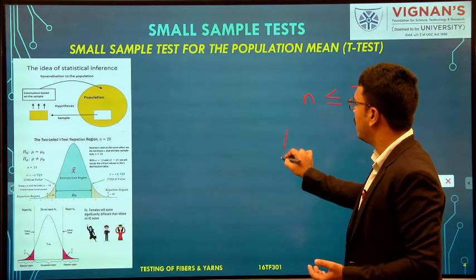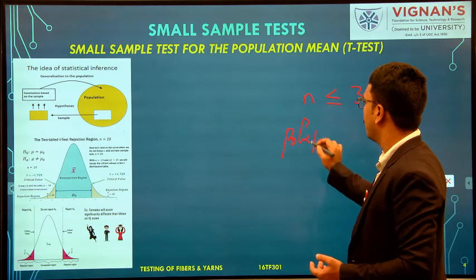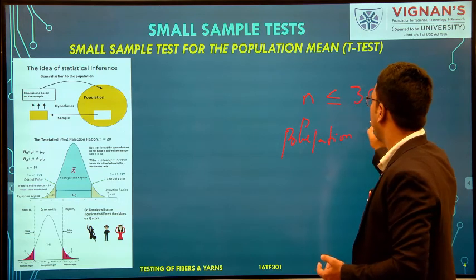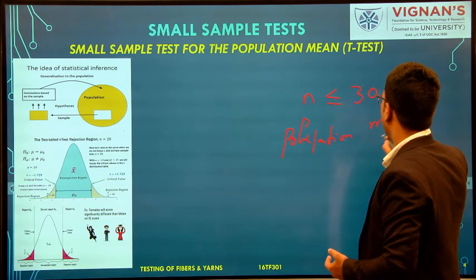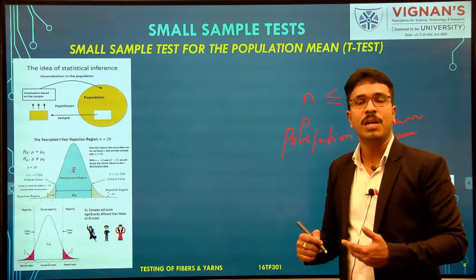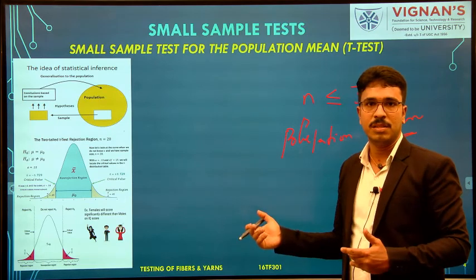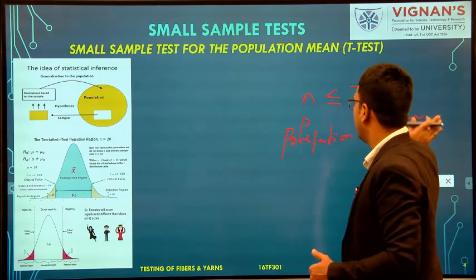And the claim about the population is, that is population mean. If these two things are there in a problem, you can use this T test for statistical significance. Understand?